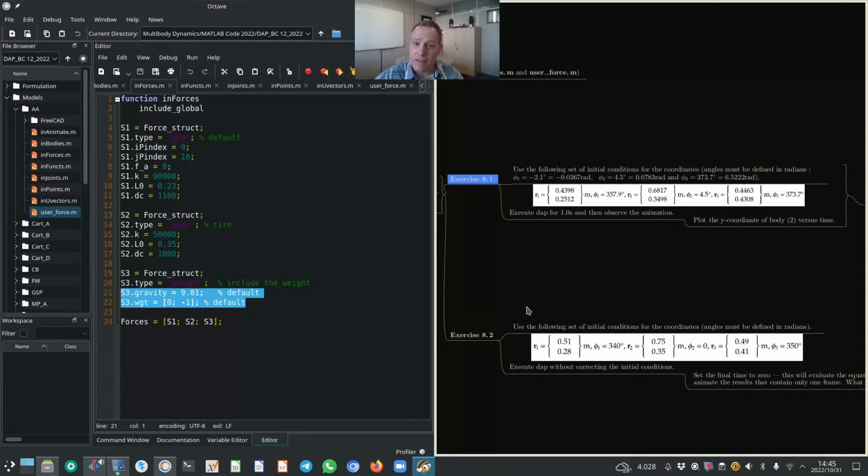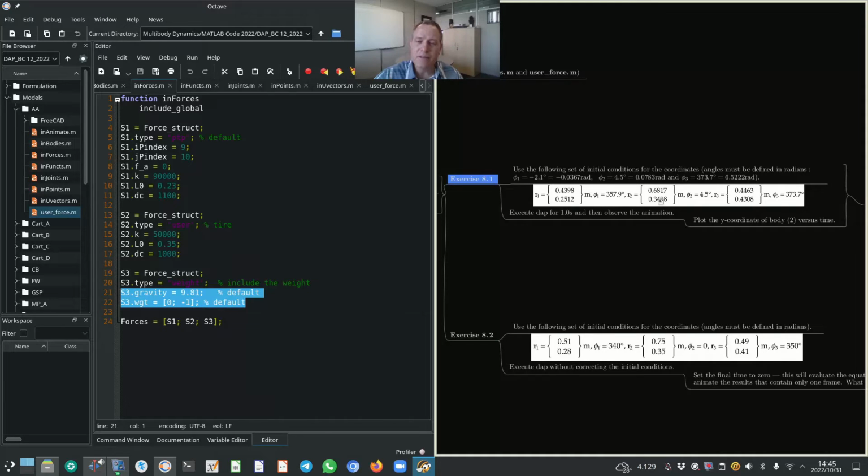You may be certain about the initial x and y coordinates, as well as the orientation of each body in the mechanism, but it is difficult, time consuming and unnecessary to calculate the initial velocities, the x, y, and phi components, of each body in the mechanism.